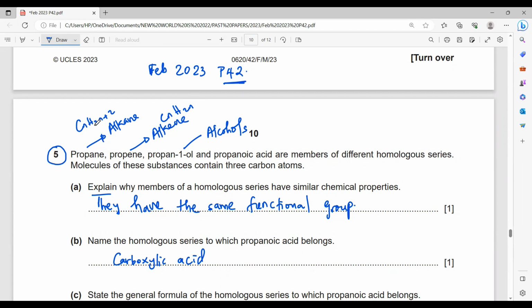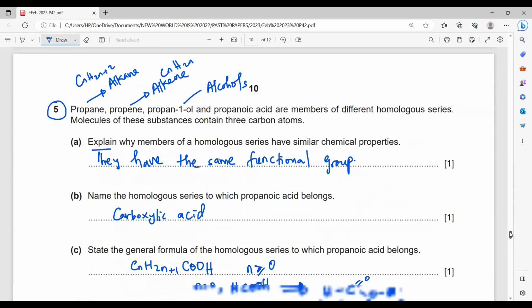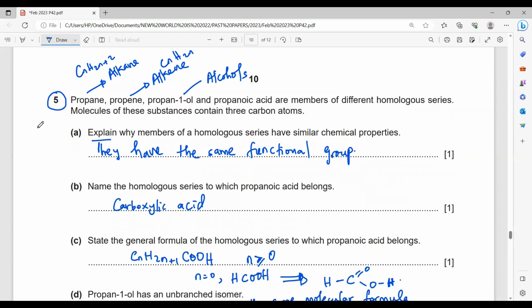From these general formulae, you can get all the members. For propane, n equals 3, so it will be C3H, 6 plus 2, 8.